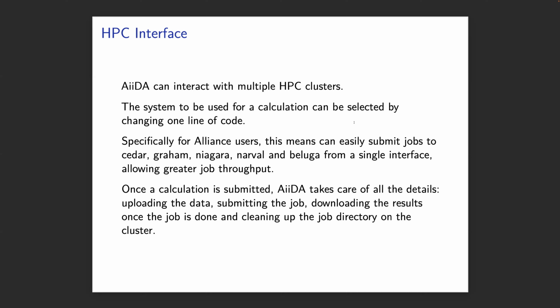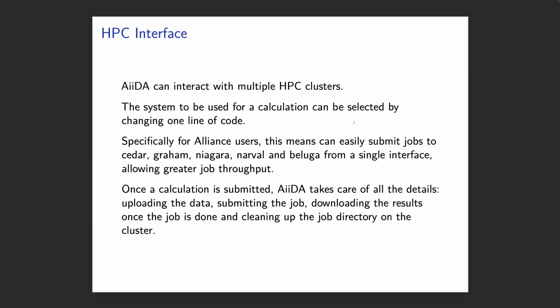And right now, that's a bit tedious because you have to move your files by hand, you have to submit jobs by hand, and if your jobs are part of a single workload, then this workload will be distributed on many different clusters, and that's inconvenient to organize. But with AiiDA, it should be possible to just change a single line in your Python script or notebook, and the job will go to a different cluster.